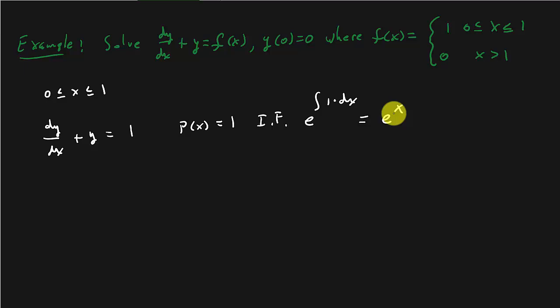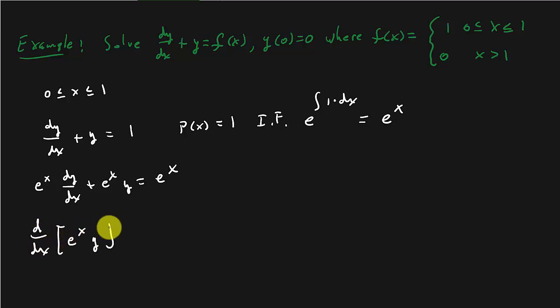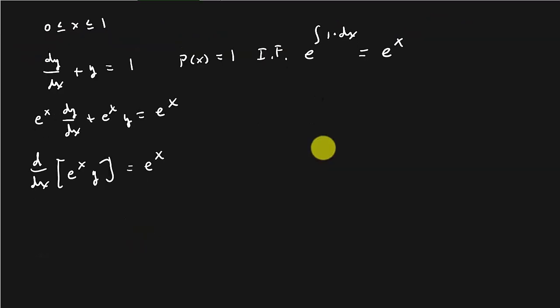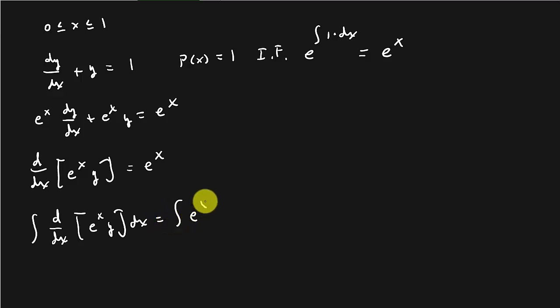So we're going to multiply each term by the integrating factor. And so this is d/dx of the integrating factor times y, which is equal to e to the x. And so now I have the integral of d/dx of e to the x y dx equals the integral of e to the x.